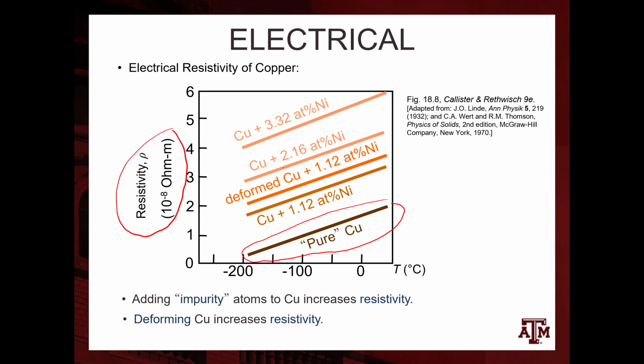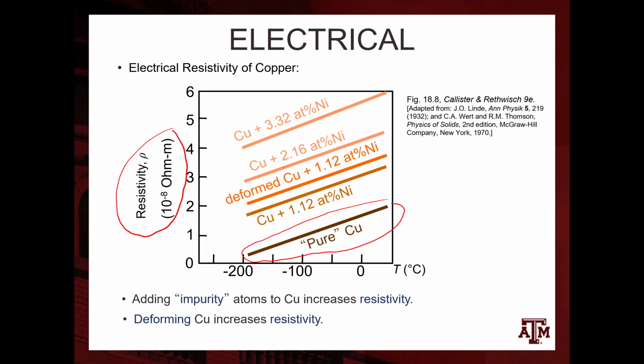And that's because when we add nickel to copper, the atoms have relatively different sizes. So there would be basically lattice strain, and we are basically producing point defects. We're going to talk about point defects and describe them in detail later.